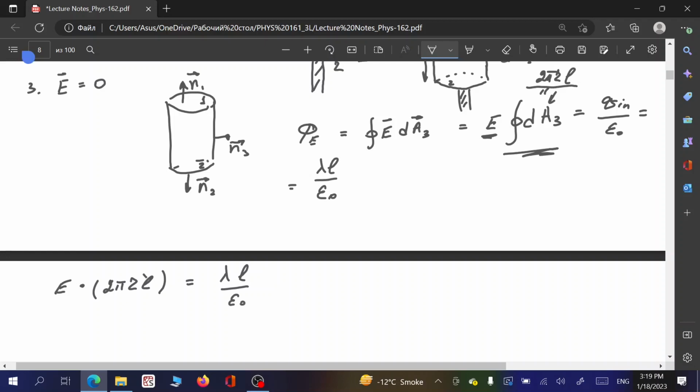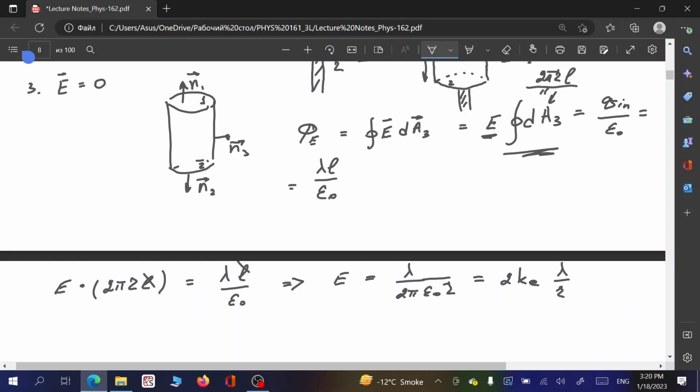Now we can cancel out the length and rearrange it in order to solve for the electric field. The electric field magnitude will be lambda divided by 2 pi epsilon naught times r. And that also can be represented in terms of the electric constant, 2 times Ke times lambda over r.